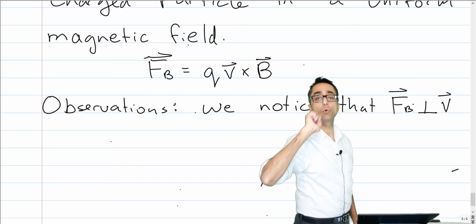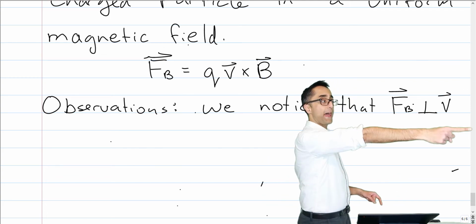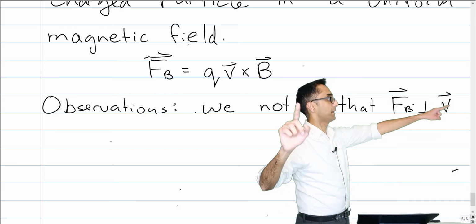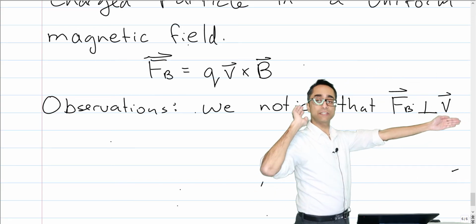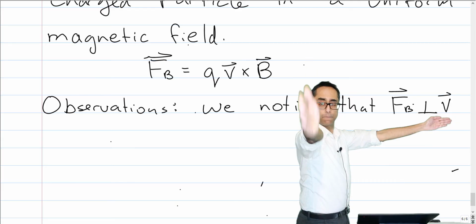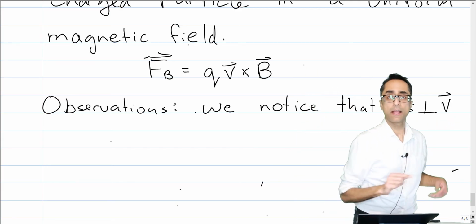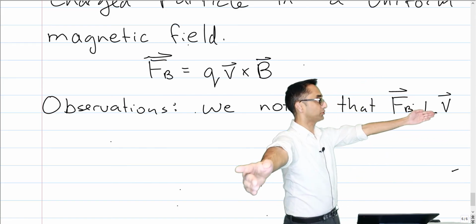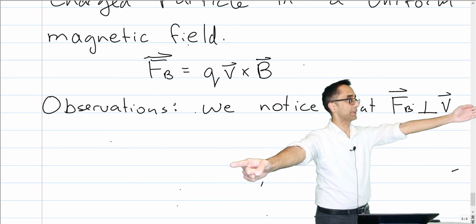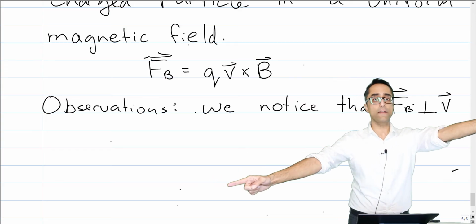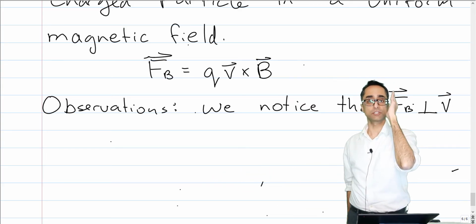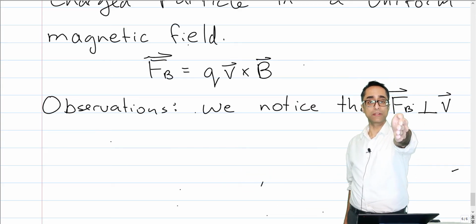The force is going to make me go that way. Essentially, by combining whatever my velocity is and this force, I'm going to end up walking kind of like this. And my velocity will change. I'll start going this way. Eventually, I'll get to this position where my velocity is now going that way.